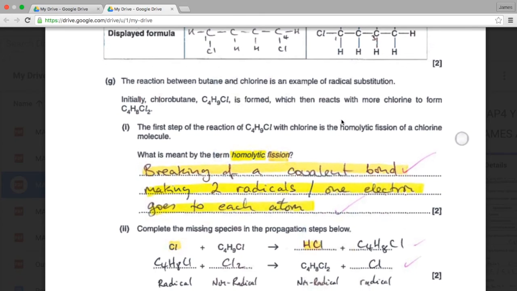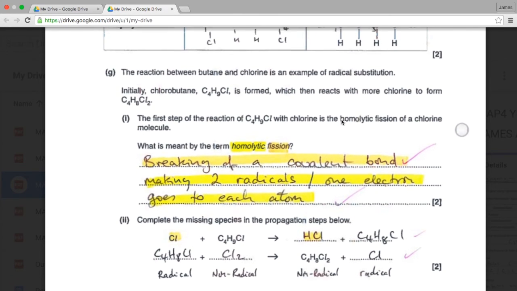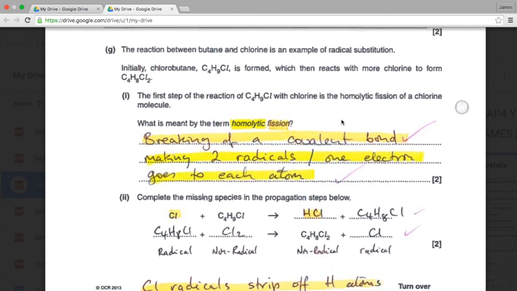The reaction between butane and chlorine is an example of radical substitution. Initially, chlorobutane is formed, which then reacts with more chlorine to form the dihalogenoalkane. So the first step of the reaction of C4H9Cl with chlorine is homolytic fission of a chlorine molecule. What is meant by the term homolytic fission? So fission means the breaking of a covalent bond.